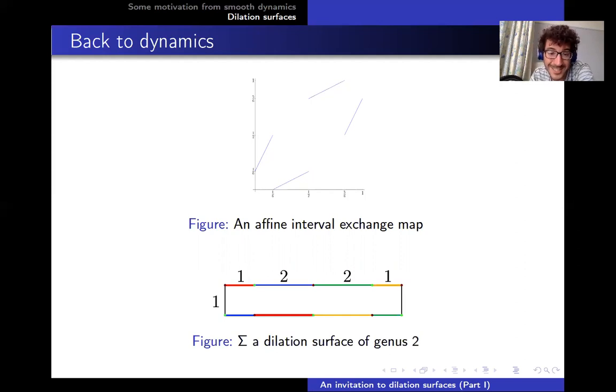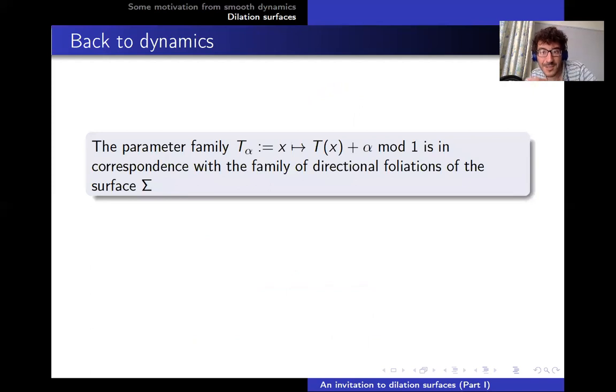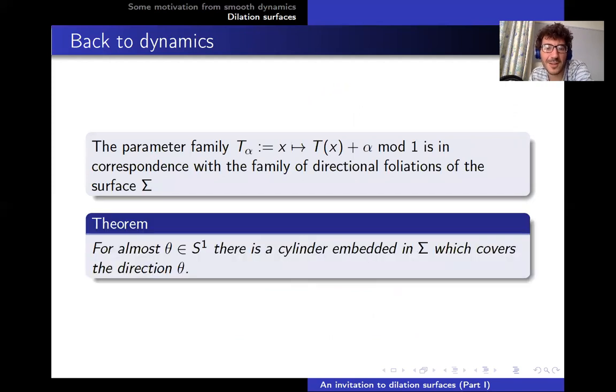And now, starting to tilt the direction a bit, you will sweep out the entire family of maps, x maps to tx plus alpha, the one that we looked at earlier. And so there is this correspondence between parameter families of affine maps and families of directional foliations.